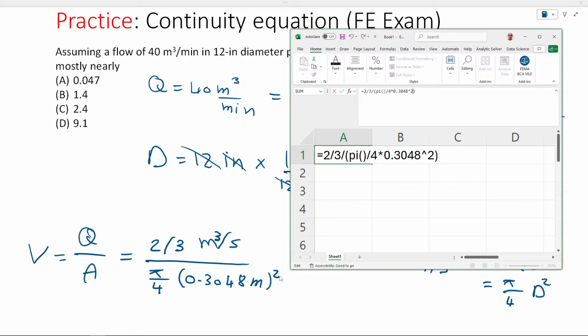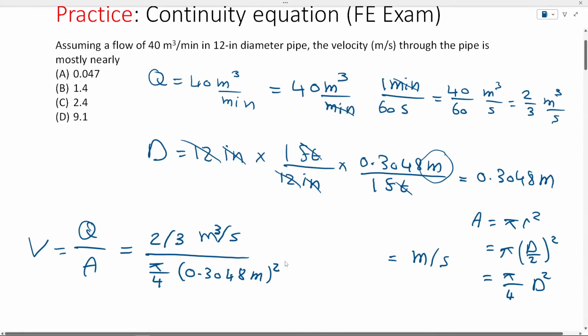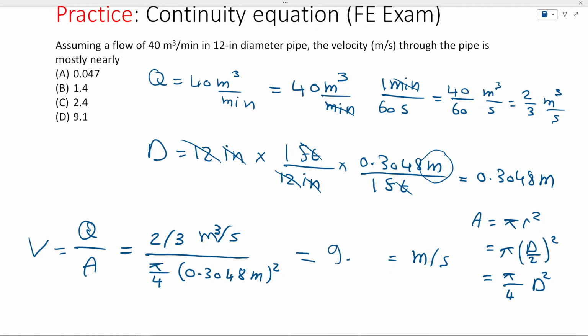If I did this, I got about 9.11 meter per second.